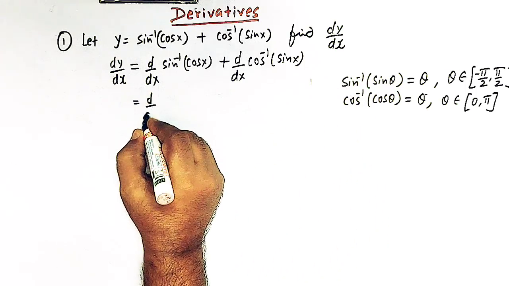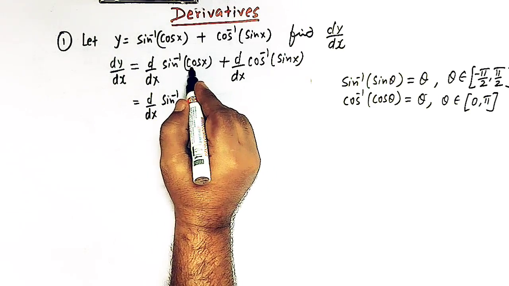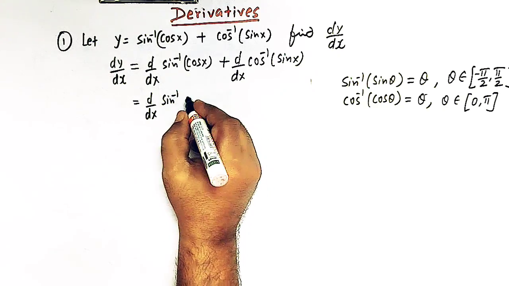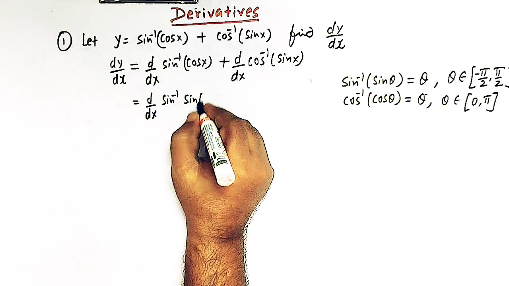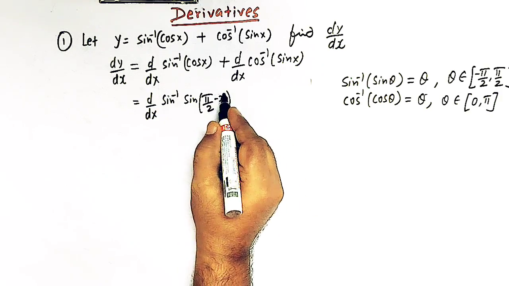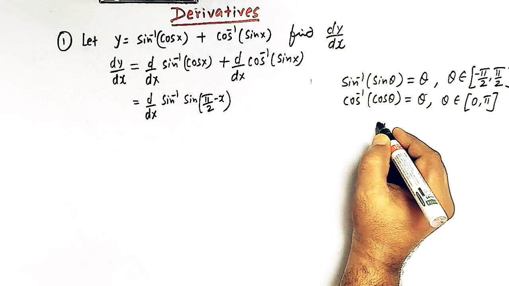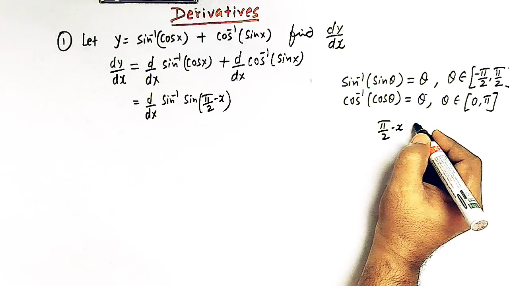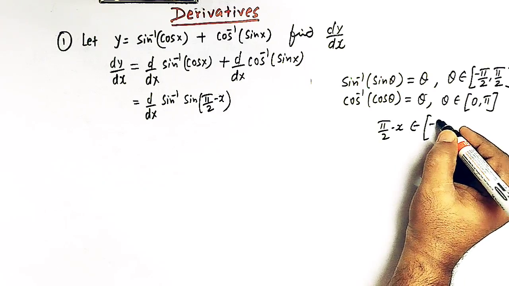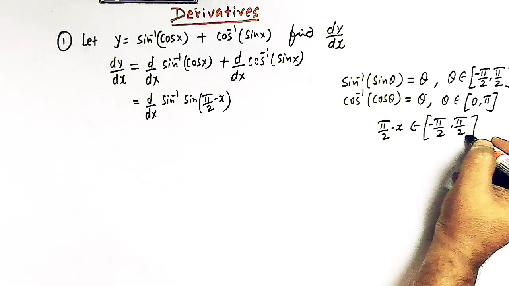So now we can write here sine inverse, and we can now express this cos x as sine of pi by 2 minus x, because here this angle, that is pi by 2 minus x, belongs to this interval, that is minus pi by 2 to pi by 2, right?